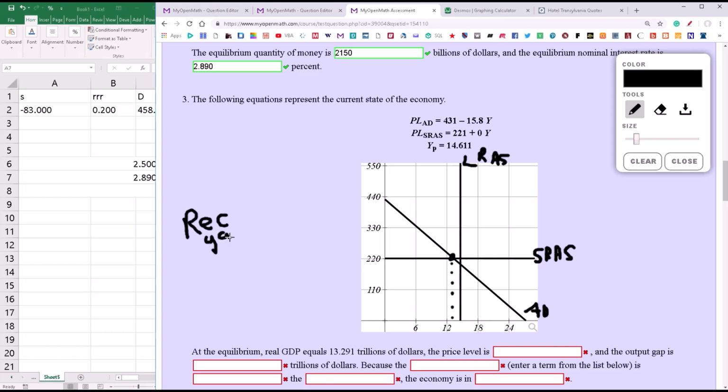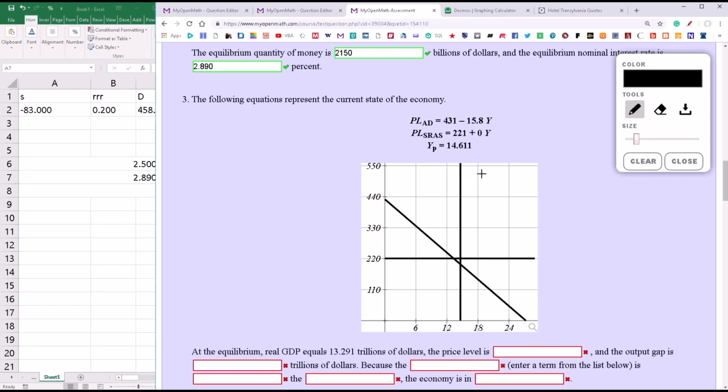And when you're in a recessionary gap, unemployment's high and GDP is low. Okay? This is the price level, or inflation. And this down here is real GDP. Okay? So our GDP is less than potential, so unemployment's high. Let's clear that.